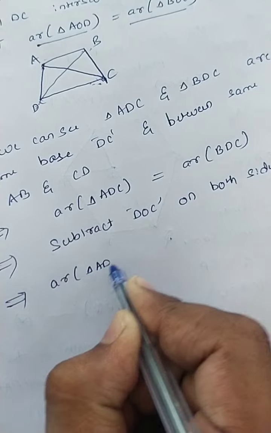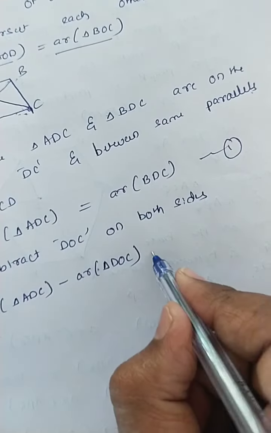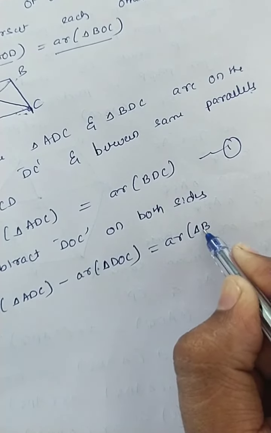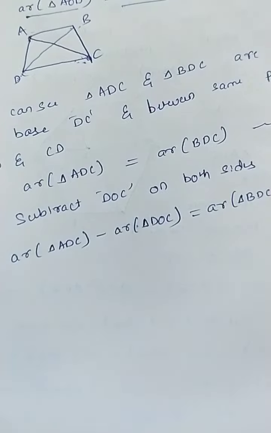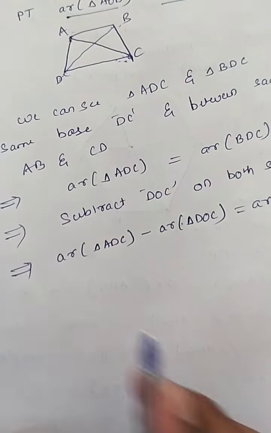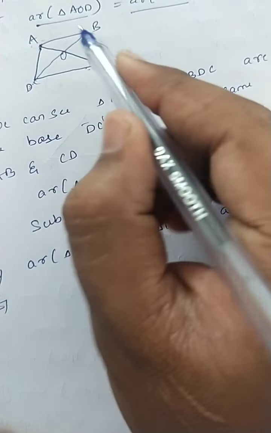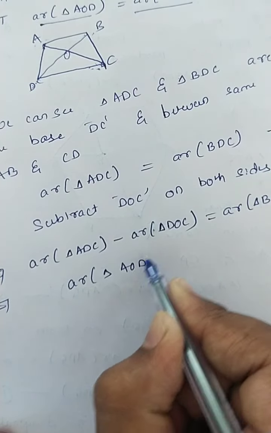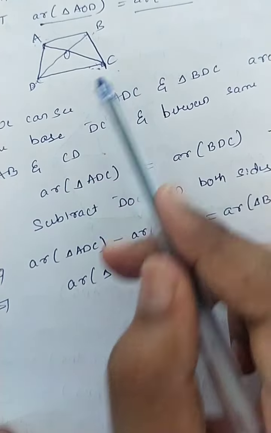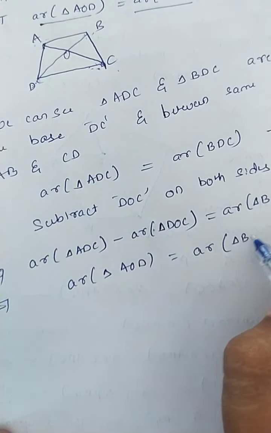Area of triangle ADC minus area of triangle DOC I can write as the area of triangle AOD, which is equal to the area of triangle BDC minus the area of triangle DOC, which I can write as the area of triangle BOC.